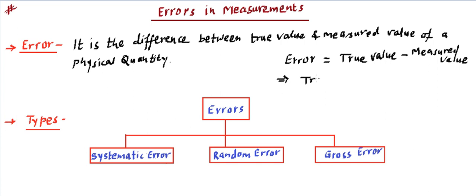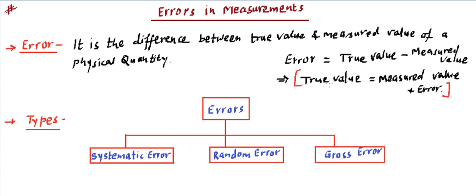true value of any physical quantity is going to be equal to measured value plus error. So if we know the measured value and we know the error, then we can find the true value using this expression.